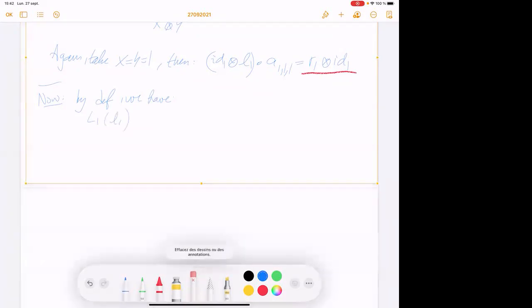This is by definition equal to iota tensor ID1 composed with A111. We did that last time, but in fact here there is nothing. This is just a definition.